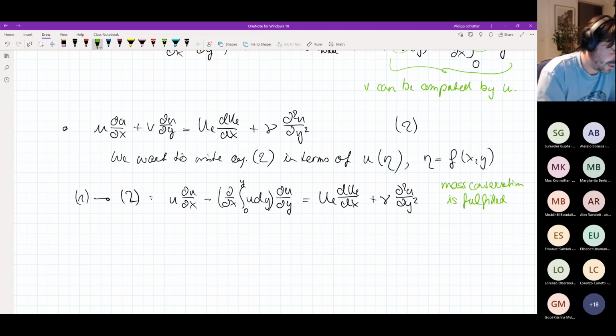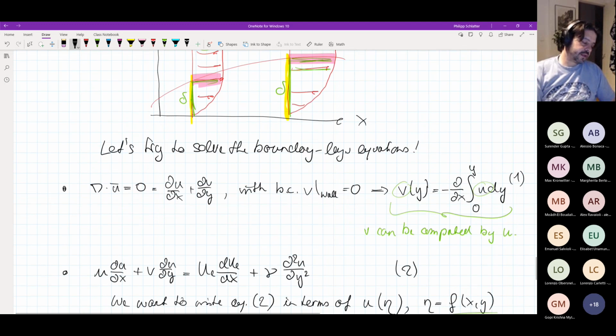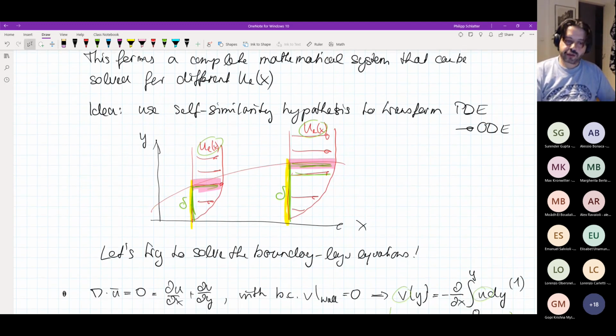So now we somehow need to start defining this f of eta. If we go to the sketch where we introduced this f of y, we can see that most probably this similarity variable has something to do with scaling the streamwise velocity u with this u edge.